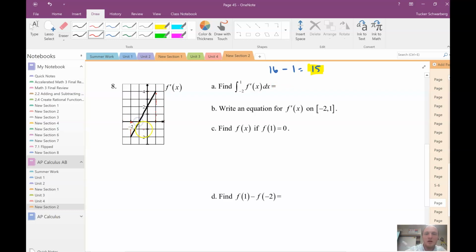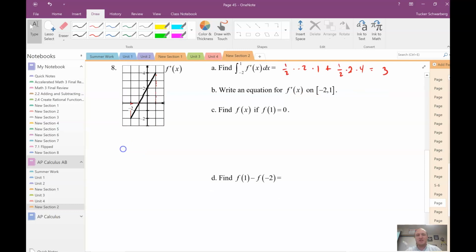Well, that's 1/2 times the height of -2 times the length, which is 1, so that's -1, plus this area, which is 1/2 times 2 times the height, which is 4. So we get -1 plus 4, which is 3.